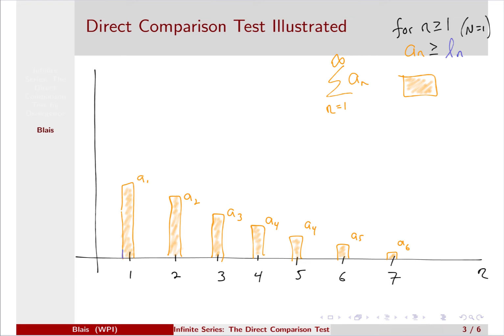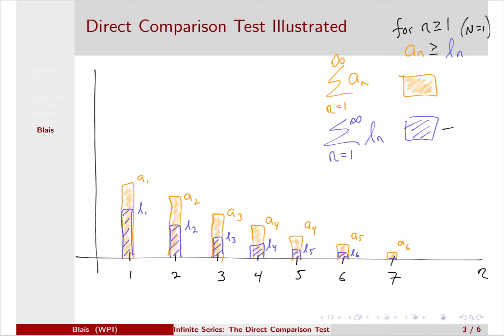So now if we depict these L sub n's, they'll be smaller. So they'll be L1, L2, L3, L4, so on and so forth. And the idea now is if we look at this shaded region, that represents the sum n going from 1 to infinity of L sub n.